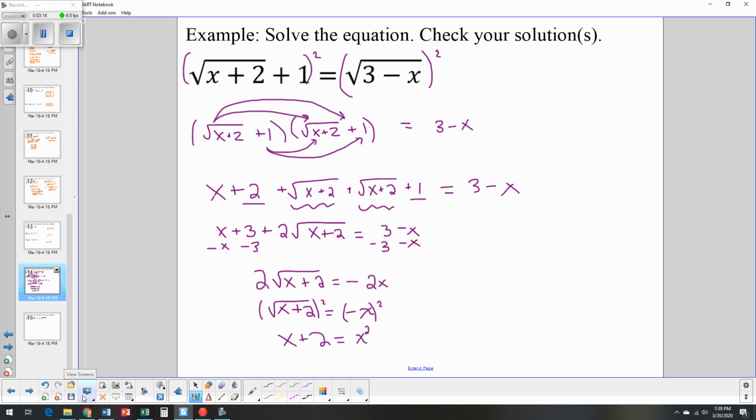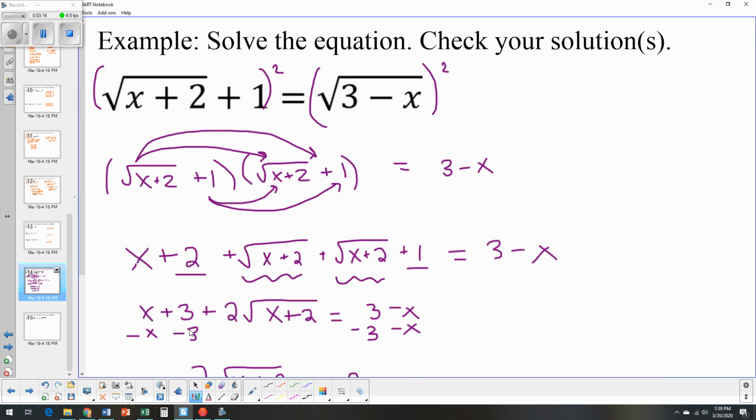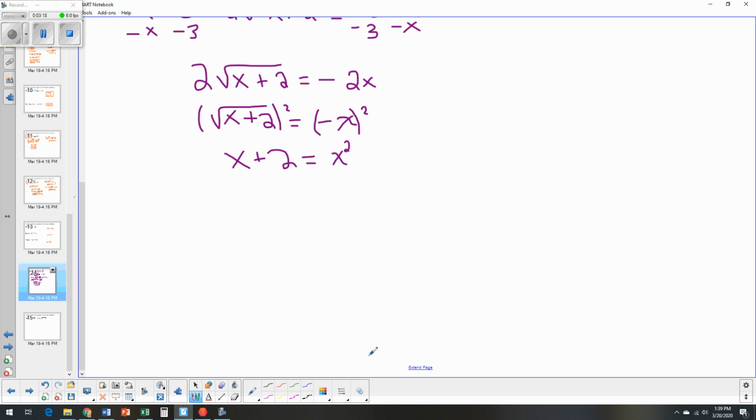So hold on, I'm going to change the way we're looking at this right now. I'm going to scroll, give us some more room. I have a quadratic. I want it equal to 0 to solve. So I'm going to subtract the x, subtract the 2. So I'm going to get x squared minus x minus 2 equals 0.